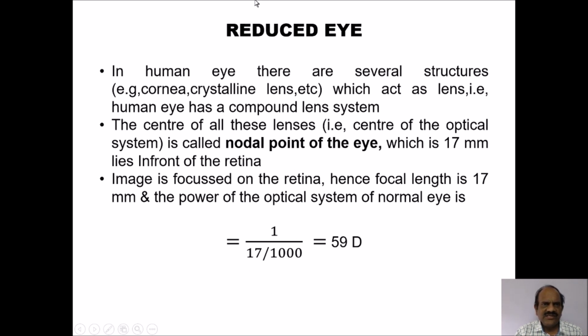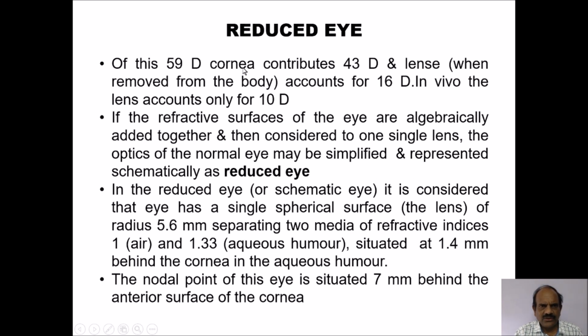The dioptric power of the total lens system of the eye we consider as approximately 59 diopters. Of these 59 diopters, the cornea contributes 43 diopters and the lens accounts for 16 diopters when removed from the body. In vivo, the lens accounts for only 10 diopters.